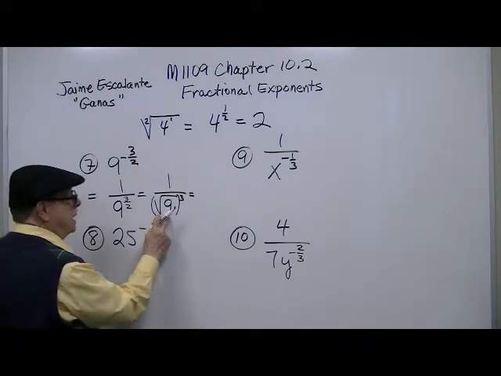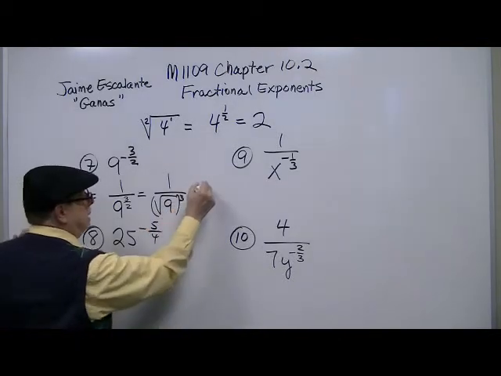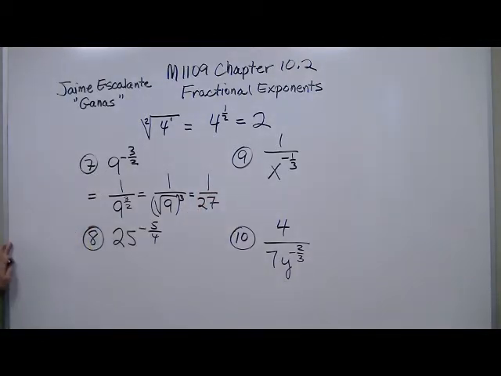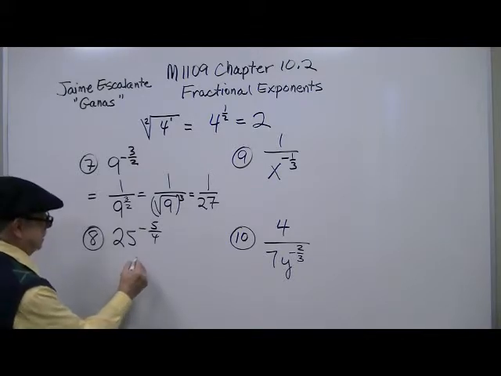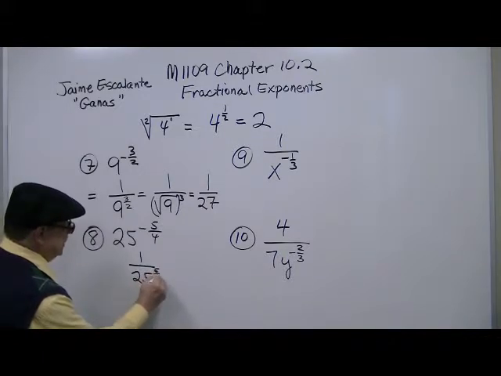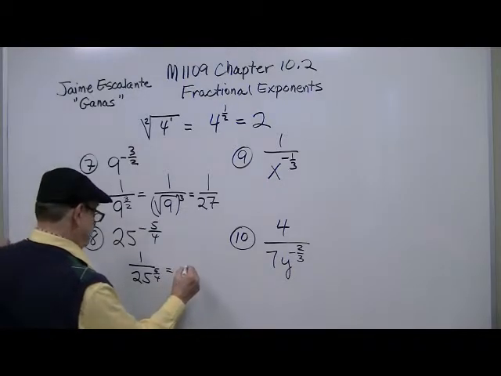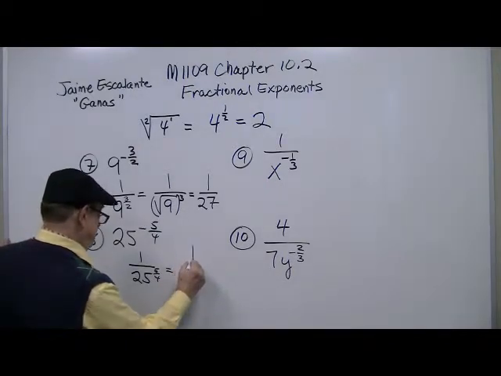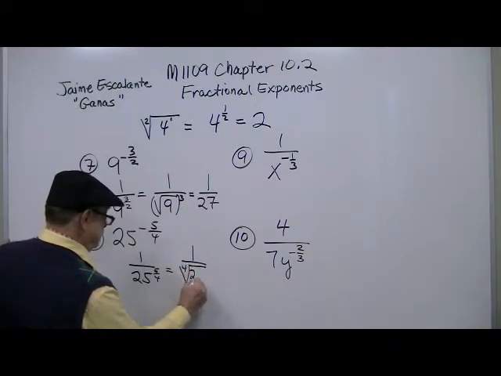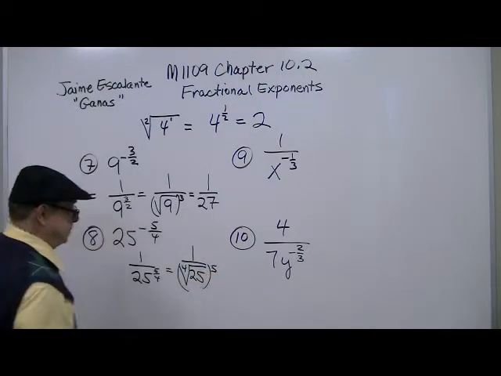Now, square root of 9 is 3, and 3 to the 3rd power is 27. Now this becomes 1 over 25 to the 5/4, and this becomes 1 over the 4th root of 25 to the 5th power.